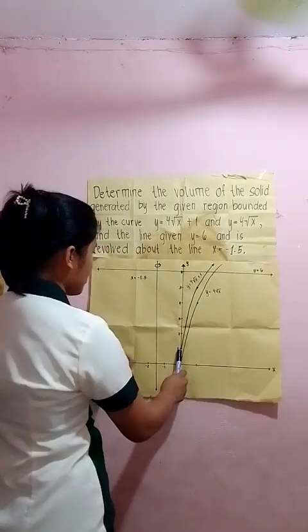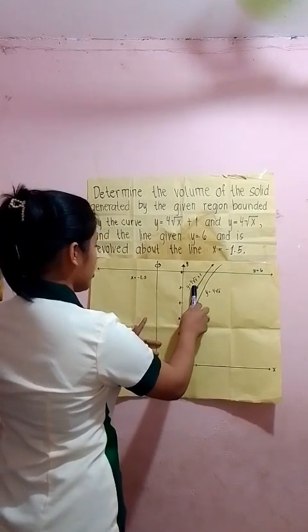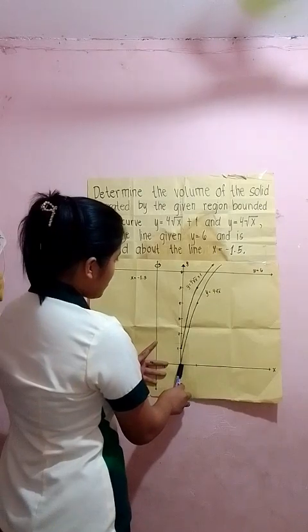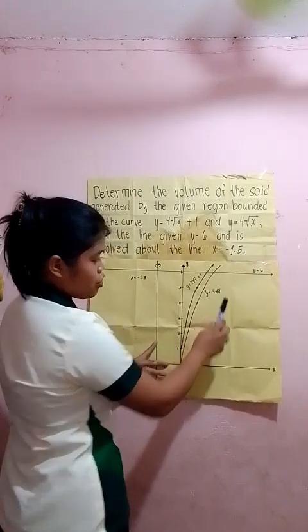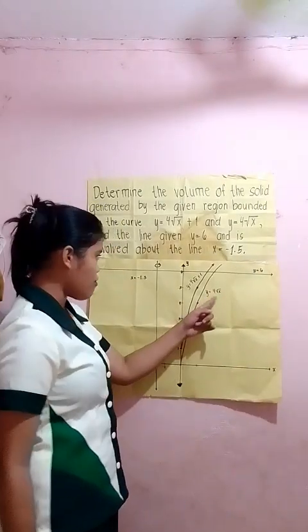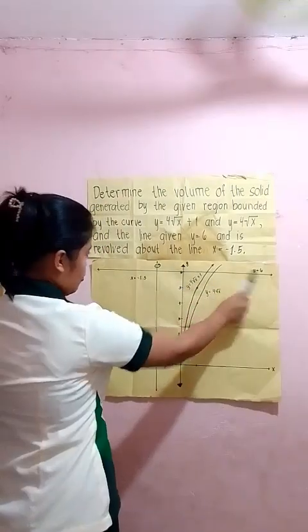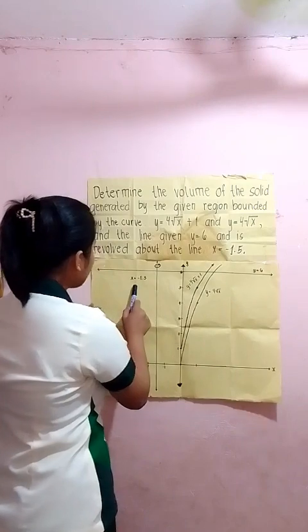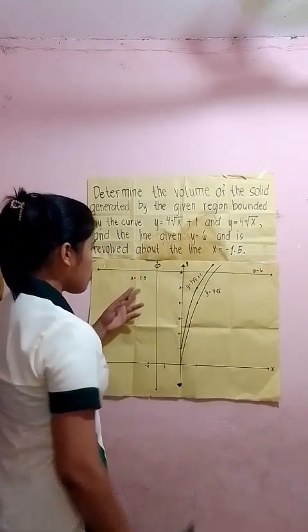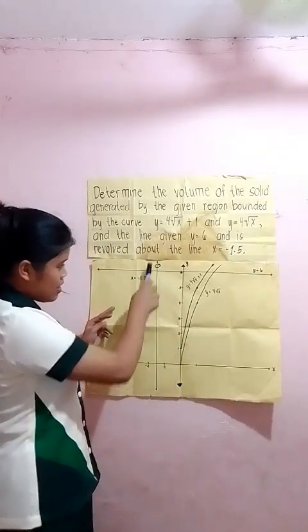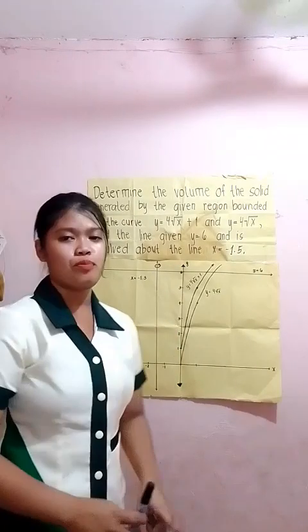So this is the curve y is equal to 4 times the square root of x plus 1. And this is the curve y is equal to 4 times the square root of x. And the line y is equal to 6. And the axis of revolution is at x is equal to negative 1.5.